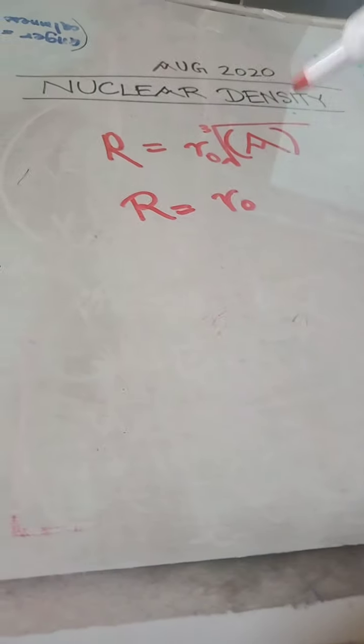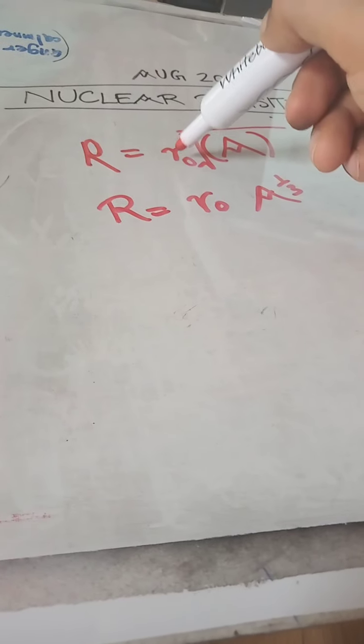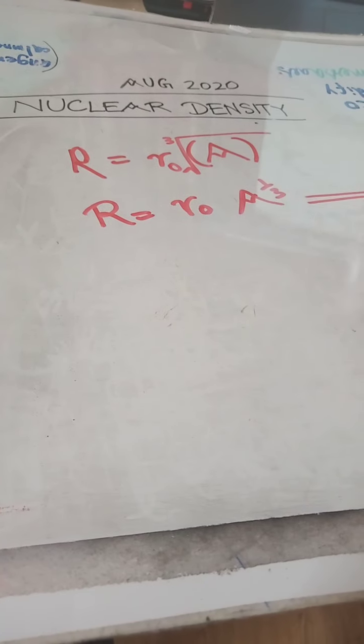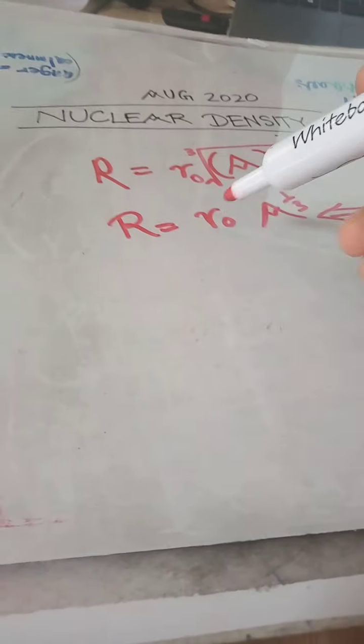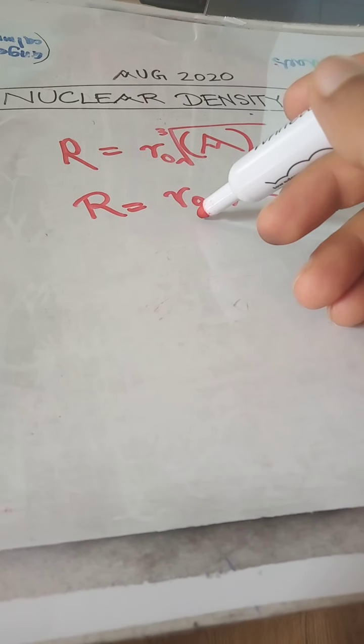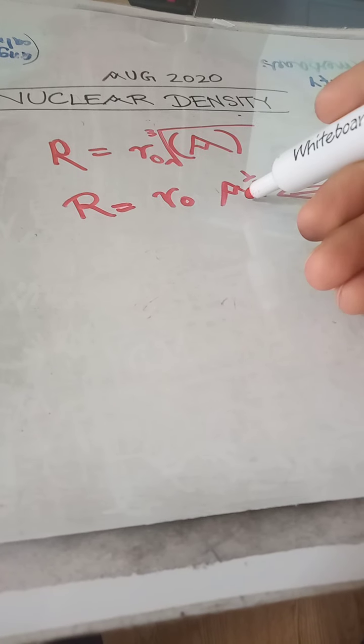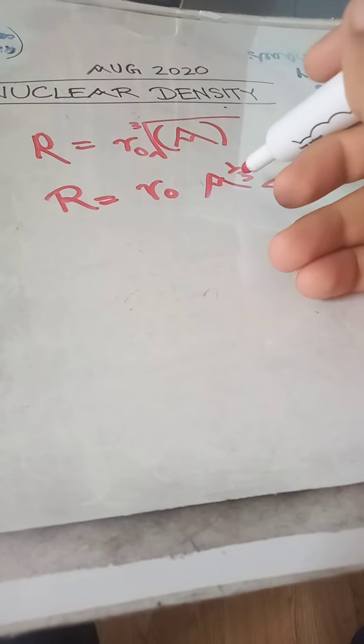Now most of the times it's written like this, because people might assume that it's R naught cubed. So to avoid the confusion, it's written in this manner. Right, so this is the femtometric averaged out radius, and then you multiply with the cube root of the atomic number, and that's how you get it.